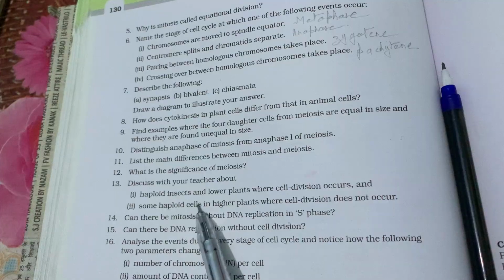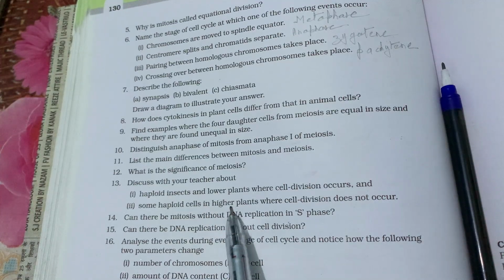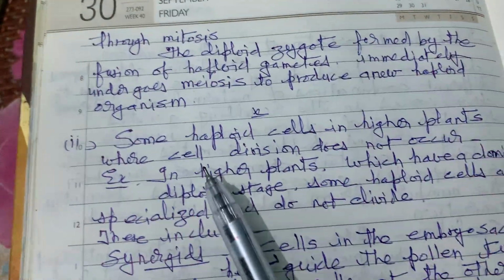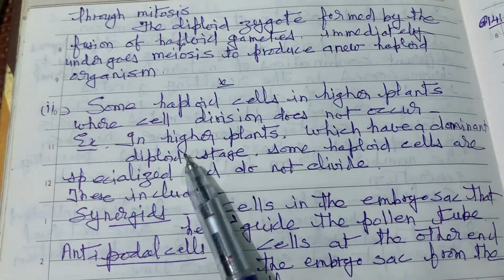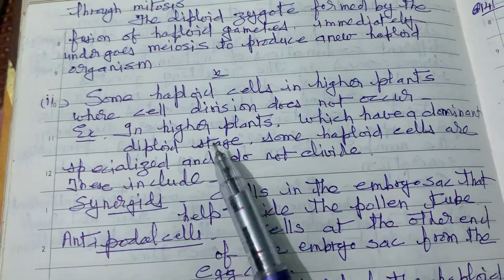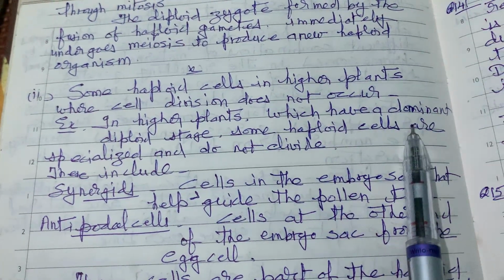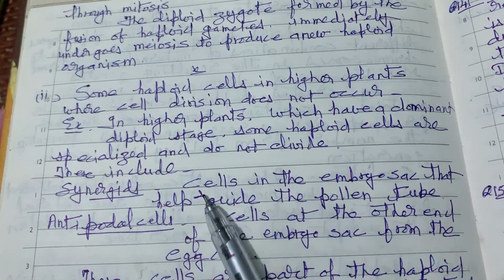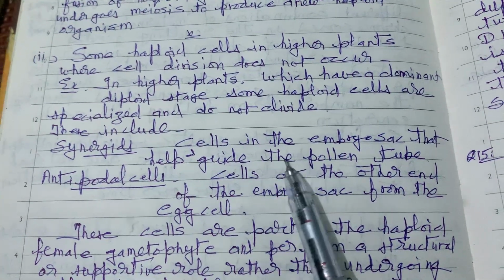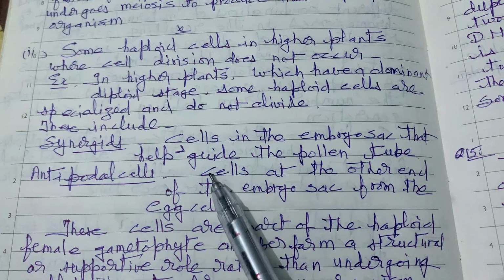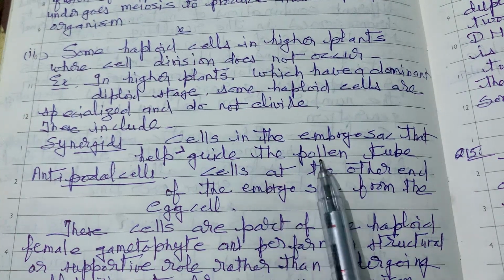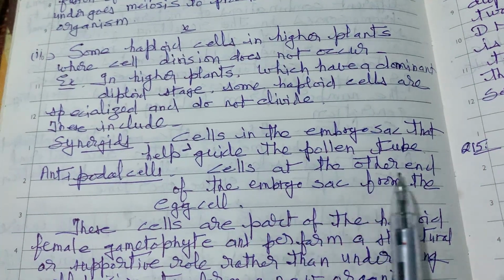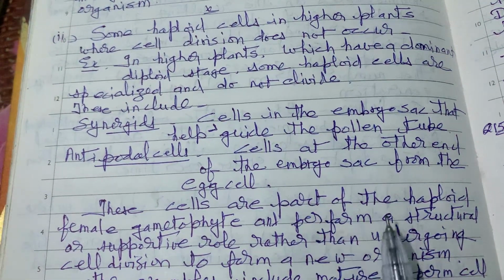Second, some haploid cells in higher plants where cell division does not occur. Now see, for example, in higher plants which have a dominant diploid stage, some haploid cells are specialized and do not divide. They include synergids, cells in the embryo sac that help guide the pollen tube, and antipodal cells, cells at the other end of the embryo sac from the egg cell.